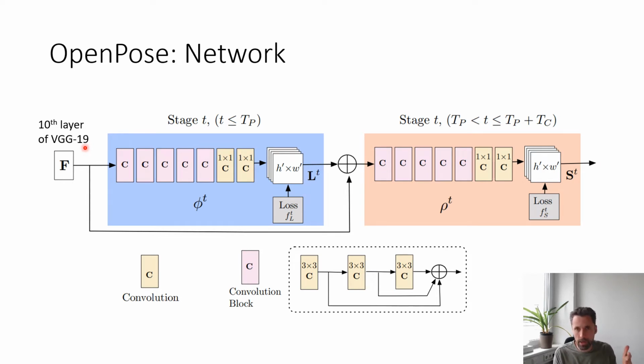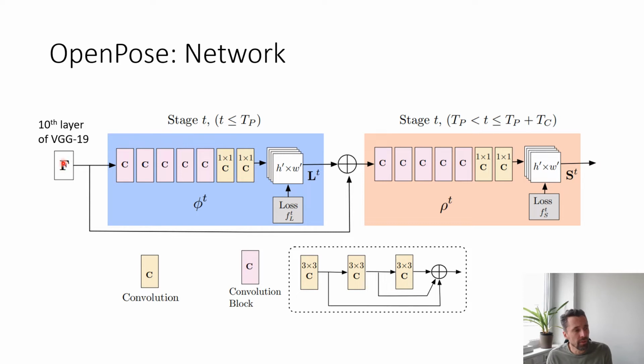So you put in your image, and you take the activations of the 10th layer as a representation of your image. Layer 10 is still a convolutional layer, so you still have location information, and it's not that downsampled, so it's perfect for this purpose.